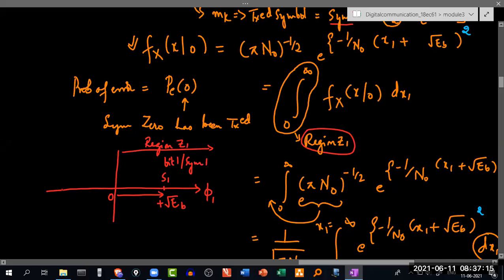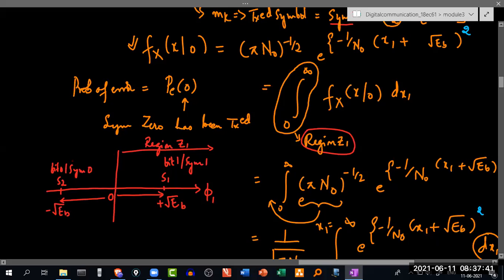In a similar way, the second signal S2, representing bit 0 or symbol 0, was plotted in the same constellation diagram by moving an equal distance in the opposite direction, and we ended up with the point minus square root of EB.